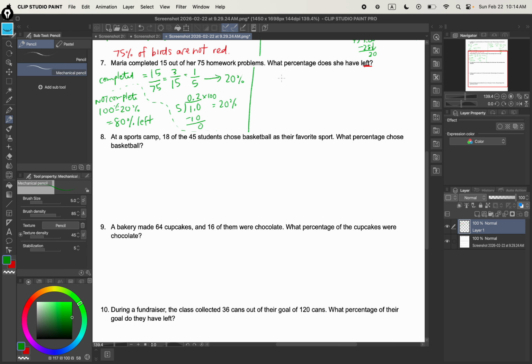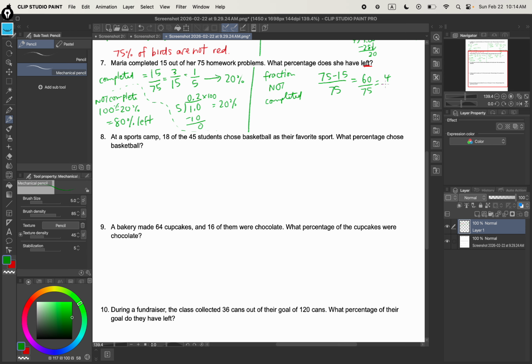Okay. On the other hand, I can do fraction not completed. All right, so what fraction did she not complete? That's going to be the total minus what she has done. 75 minus 15 is 60. I know I can divide both of these by 15, but if you don't know, you can just do 5.